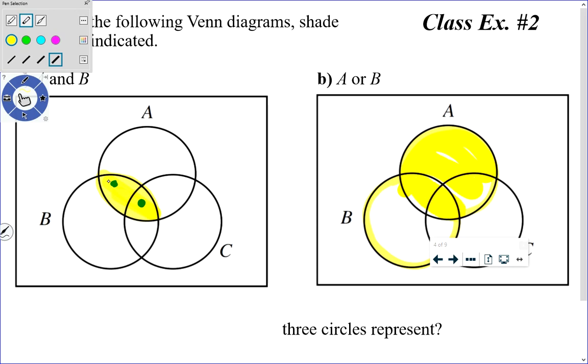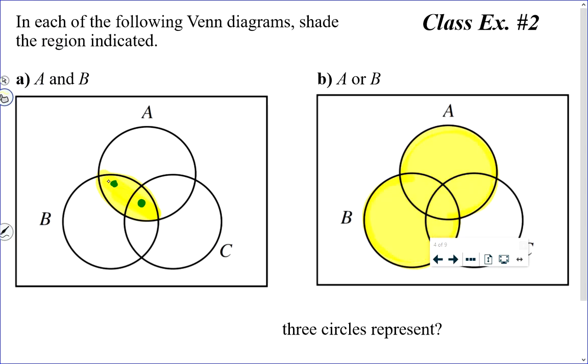And again, just ignore C when you're asked about a union or an intersection of 2 of the 3. So if you're asked about the union or intersection of A with B, ignore C. Again, or means in A but not B, in B but not A, or in both.